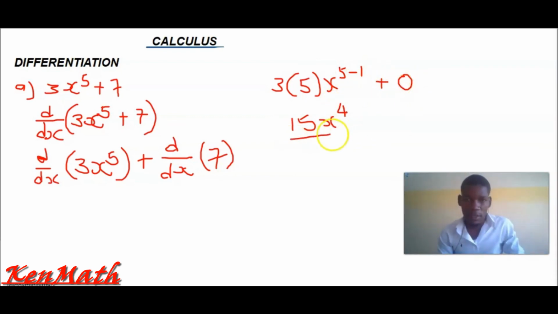So 15x to the power 4 is the value that we have found. That's how we usually find that one.